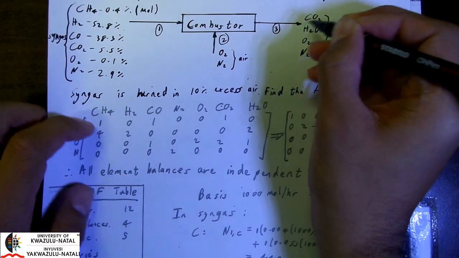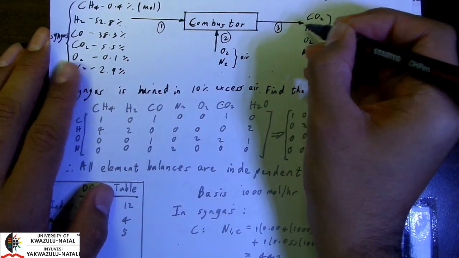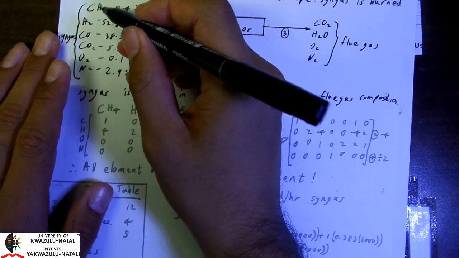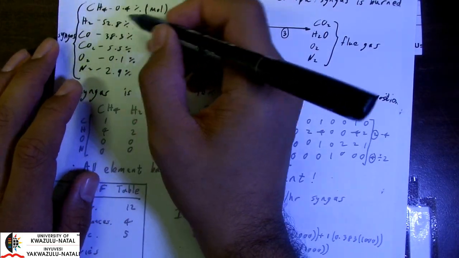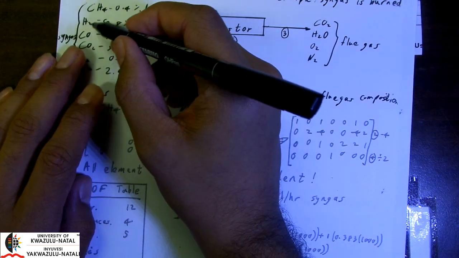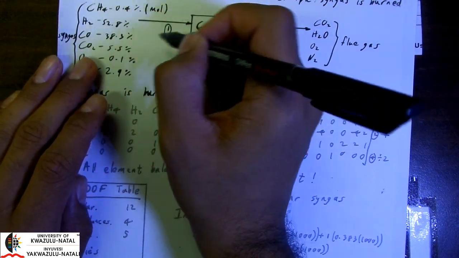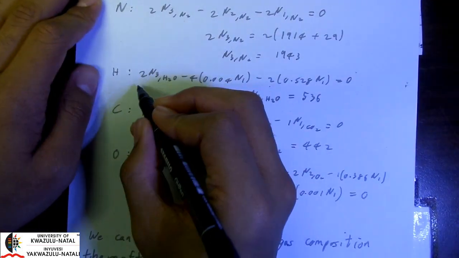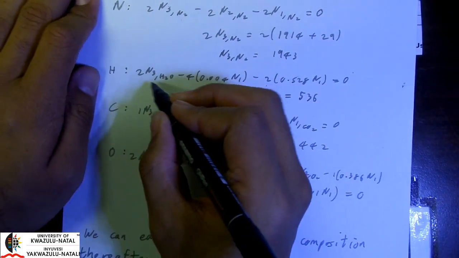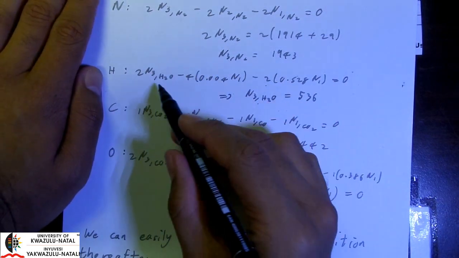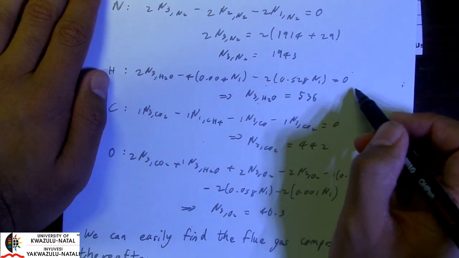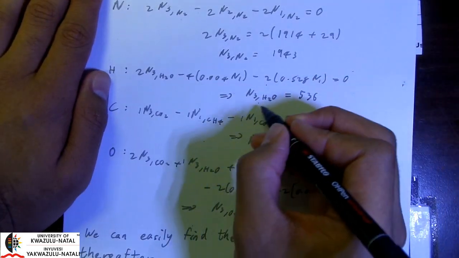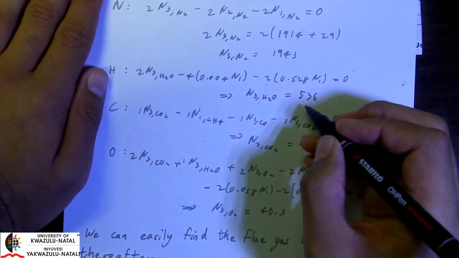So 2 multiplied by N3 of H2O minus 4 multiplied by N1 of CH4 minus 2 of N1 of H2. Okay, and here is the expression. I encourage you to do this on your own just to confirm. And since we know what N1 is, we can ultimately obtain N3 of H2O.